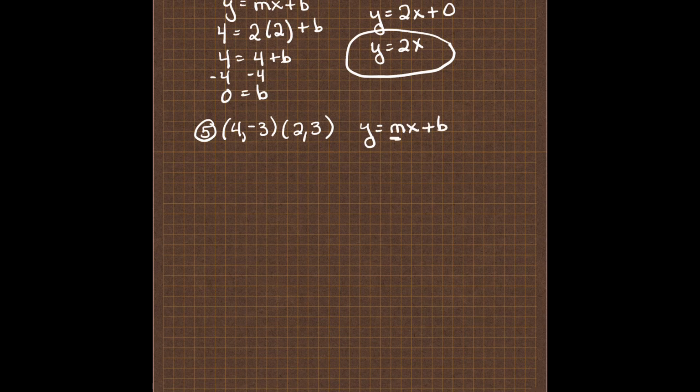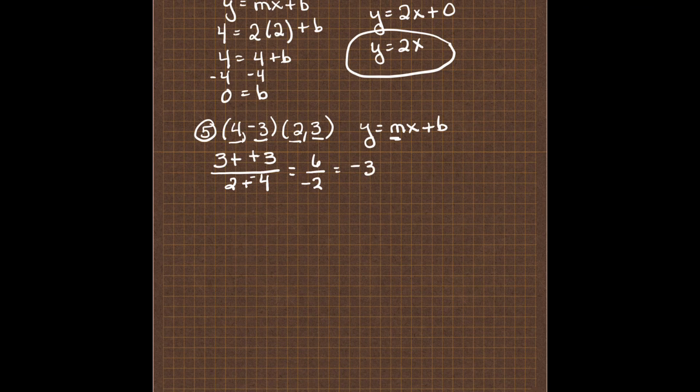Slope formula, remember? Y minus y over x minus x. So watch out for those negatives. Use calculator if you need to. 6 over 2 minus 4 is -2. And this is -3 for slope, and I need a b.